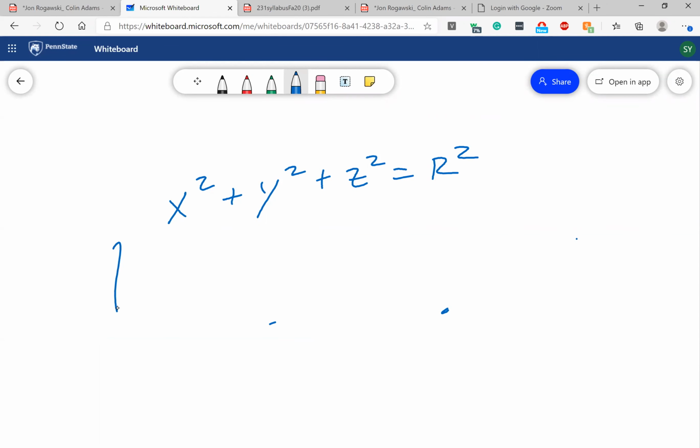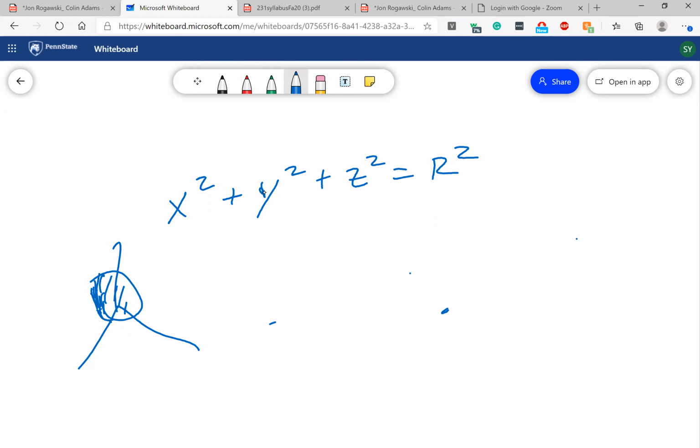And this is just going to be a sphere centered at the origin, so something like that.